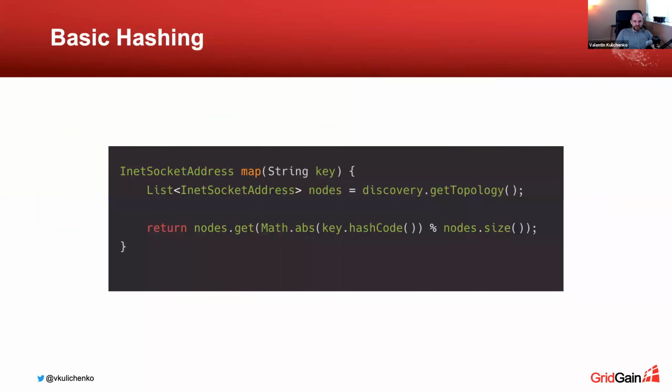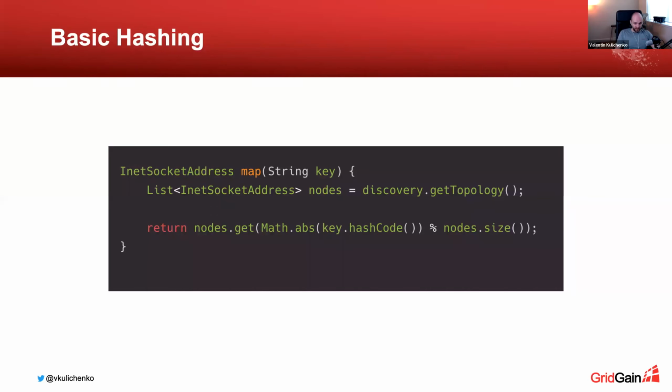And of course, kind of an obvious solution for this is hashing. If you work with any even hash table data structures or anything similar, you would probably think about this as a solution, because hashing is a very good way to create this kind of consistent functions that would give us consistent results. So we'll start with a very simple hashing function where we will get the list of nodes from topology.